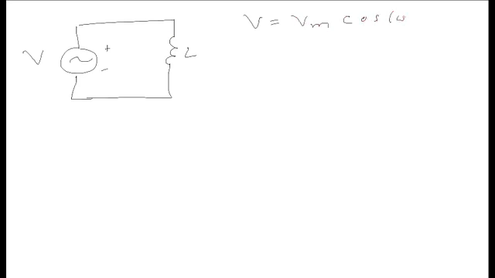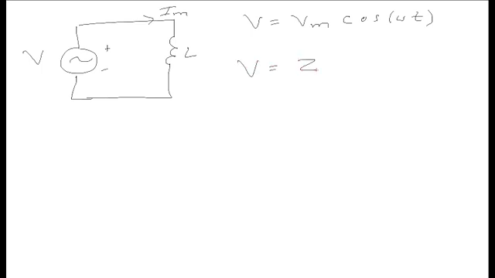Here is a circuit, and this is a voltage given sinusoidally. Here's an inductor. Let us say that V is equal to Vm cosine omega t. We're not going to worry about phase right now. It doesn't matter. And we're curious about what the magnitude Im is. Well, we can still use Ohm's law.